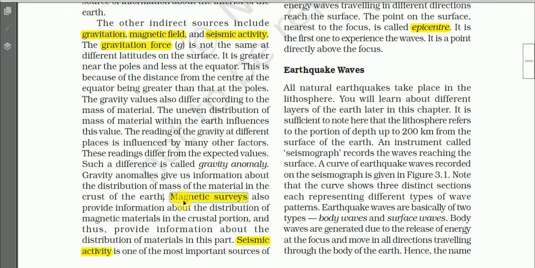Then we have magnetic surveys. You know, the earth has magnetic properties. Magnetic surveys also provide information about the distribution of the magnetic materials in the crustal portion.